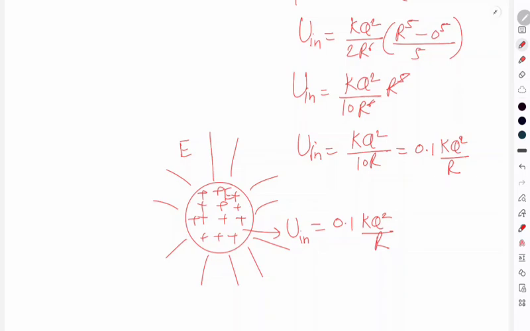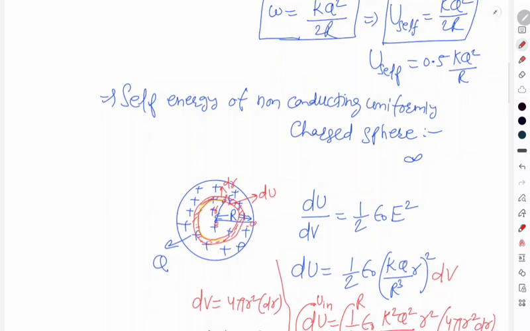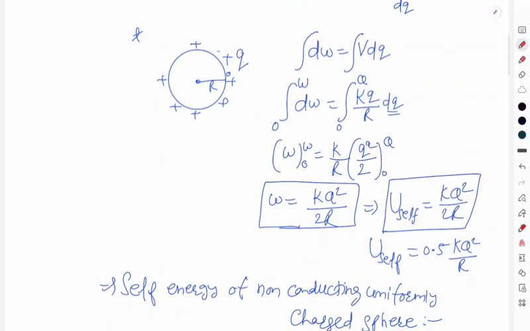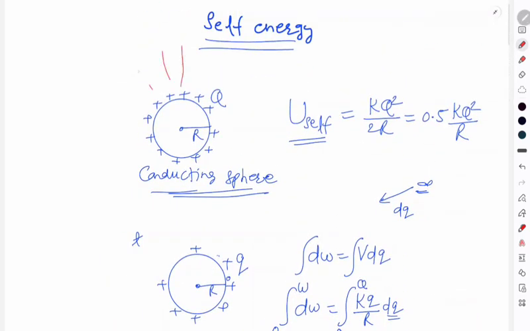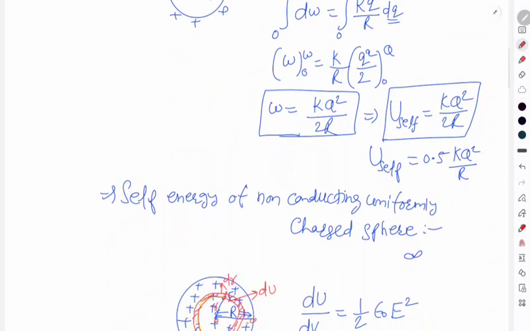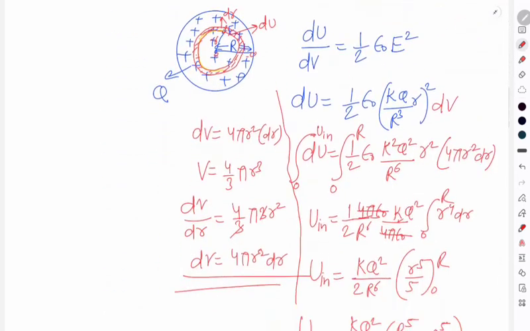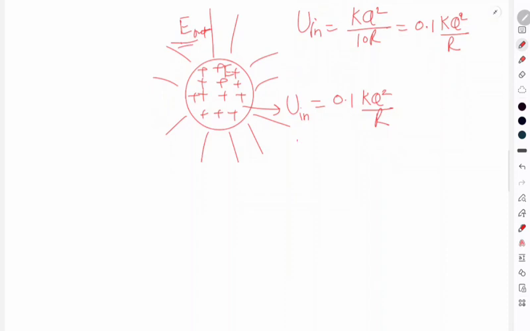And the outside energy u out, we have already got. What was that? The energy outside the sphere, its value that we got, was 0.5 kq square upon r. So u out was 0.5 kq square upon r.